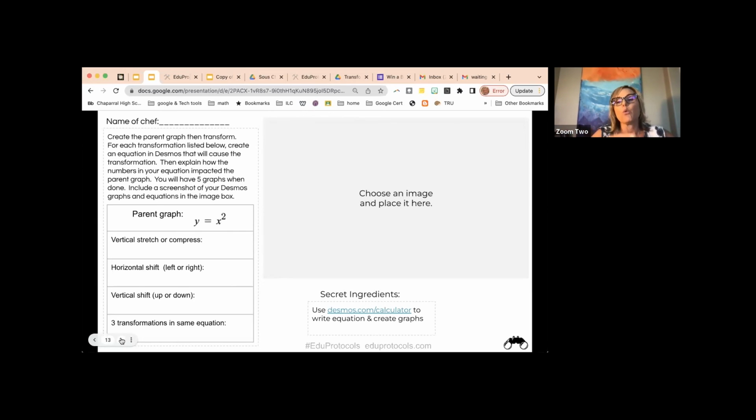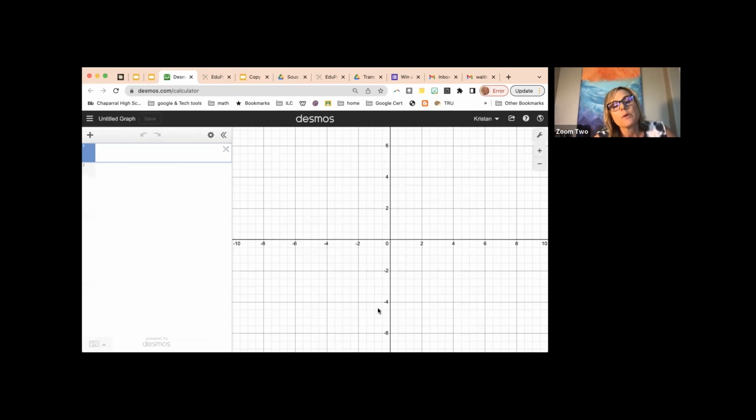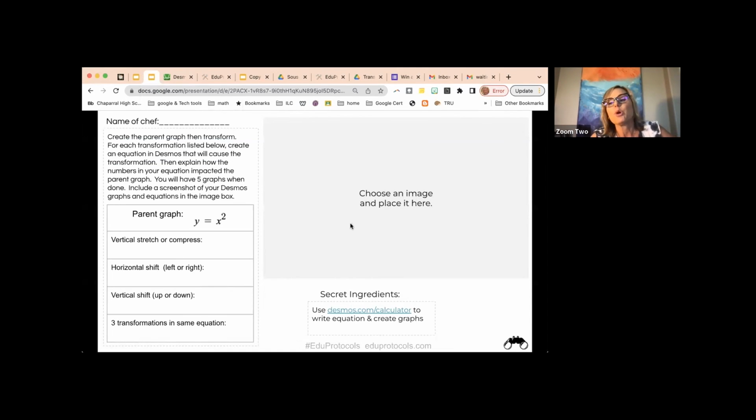So for example, one person in the group would do the x squared function and transform it, create everything they're going to do using their secret sauce Desmos, Desmos graphing calculator. So students would go here to Desmos, they would start building their functions, the parent functions and the transformations. They'd take a screenshot of it and then put their image here.